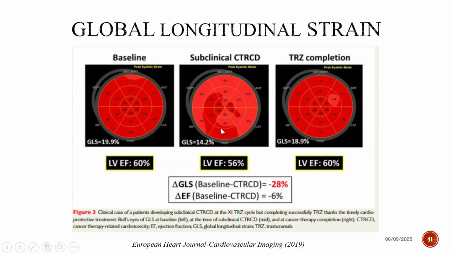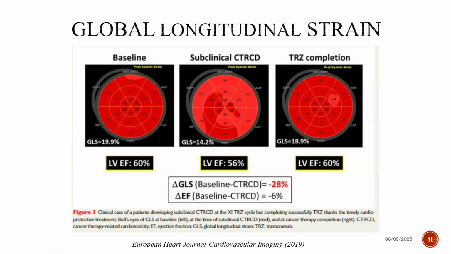During the 11th cycle of trastuzumab, when the patient was reassessed, the EF had dropped to 56%, which was still within normal range. However, the GLS had dropped to -14.2%. So when we compared the 14.2 to the baseline of 19.9, it had dropped by about 28%.